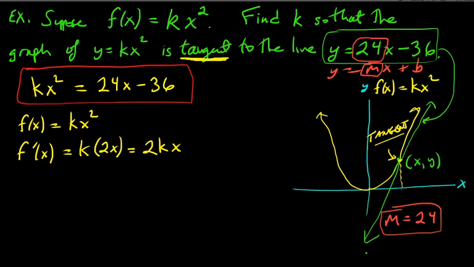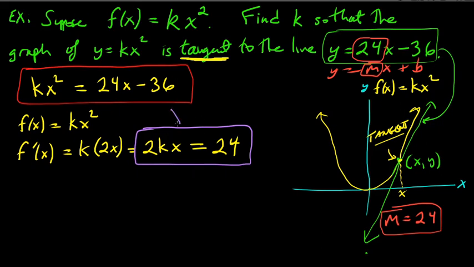But we're concerned particularly with just this one value of x, where the slope, the derivative, will be equal to 24, the same slope as the line. That's what it means to be tangent. Now notice we have this equation here, and this equation is still not enough. This alone will not tell us what x is or what k is. So we need to use both of these.